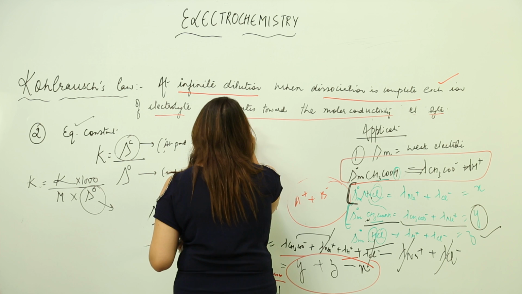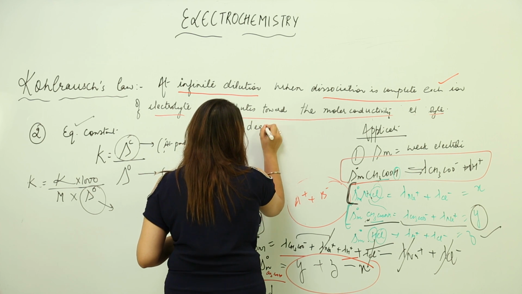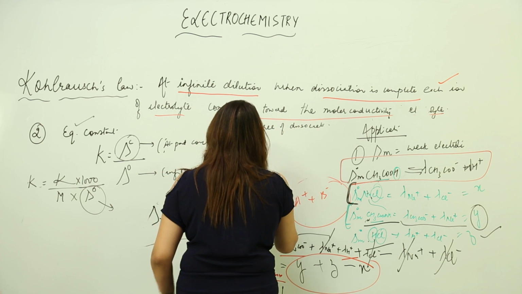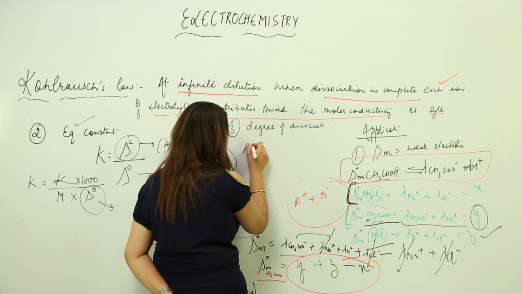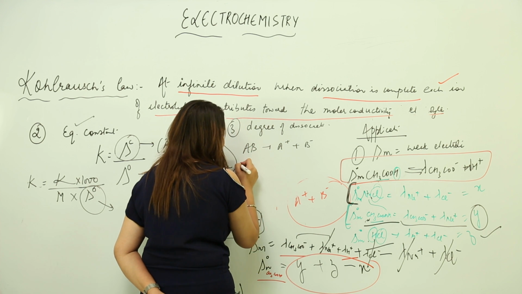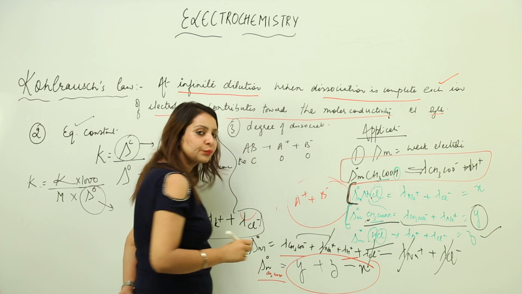Likewise, the third application is that we can actually find the degree of dissociation. Let's say suppose I have AB and it gets dissociated to form A plus B. Let's say at time 0 its concentration is C and their concentration is 0.